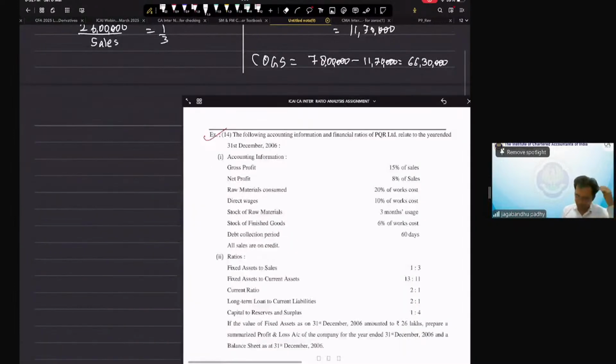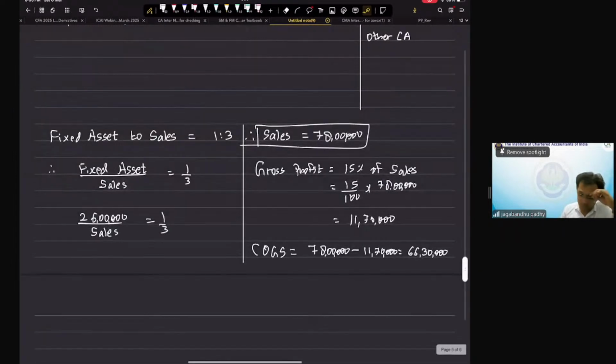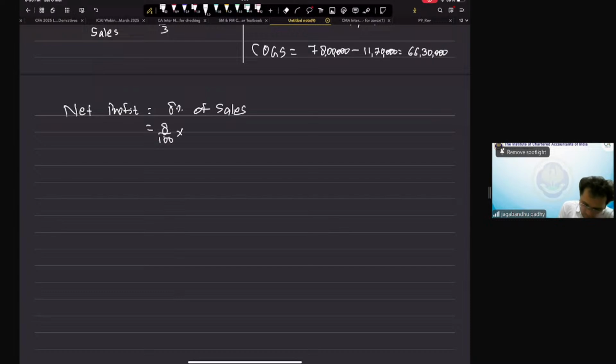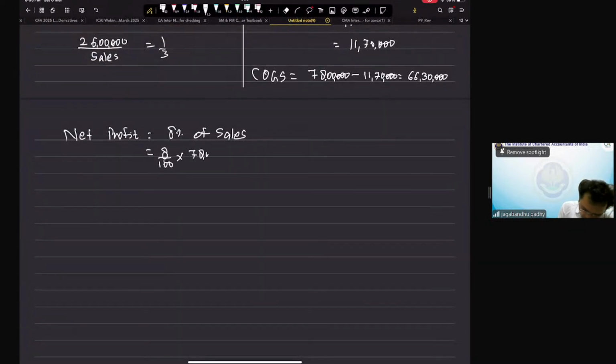So we have information about net profit in the question. Net profit is 8% of sales. So let's get that number. Net profit is 8% of sales, which is 8 by 100 into sales of 78 lakhs. 78 lakhs, 8%, that is 6 lakh 24,000.